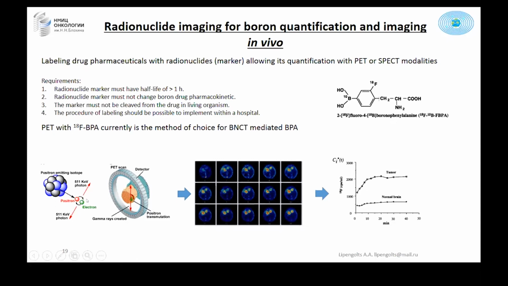It can be attached to the drug quite well and not cleaved within the organism. And the labeling procedure should be quite simple, because in a hospital, medical staff and radiochemists cannot perform a complicated synthesis, so it should be quite simple.